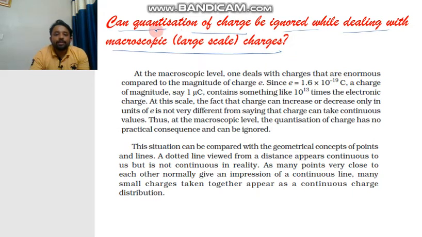So see, at the macroscopic level, we deal with charges that are enormous compared to the magnitude of charge e. We know that e is 1.6 into 10 power minus 19 coulomb. So suppose a charge of 1 microcoulomb contains about 10 power 13 times the electronic charge.